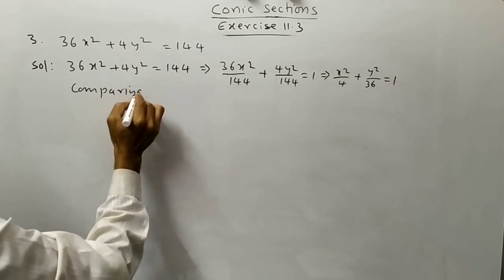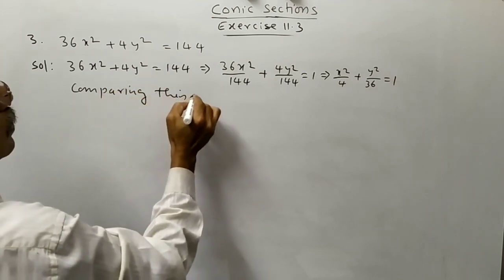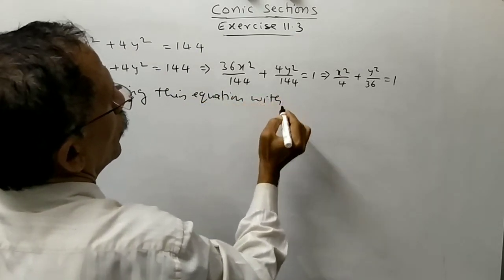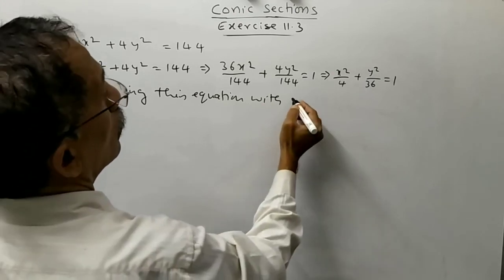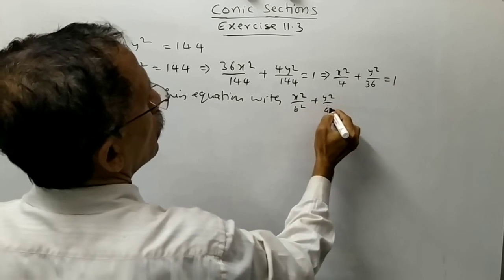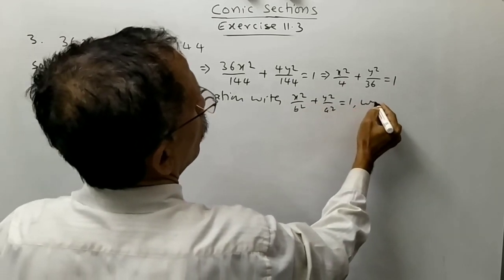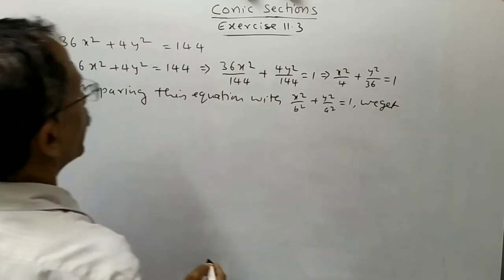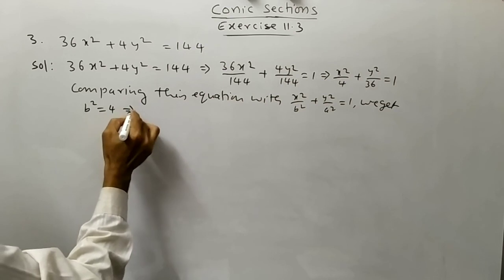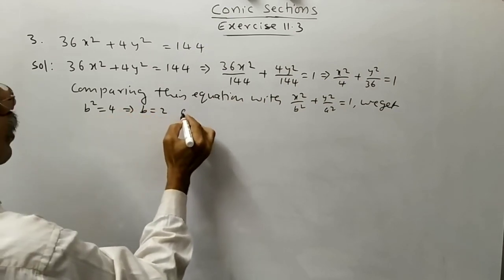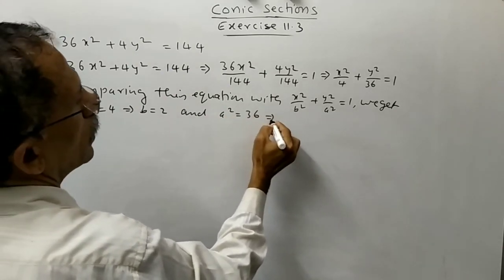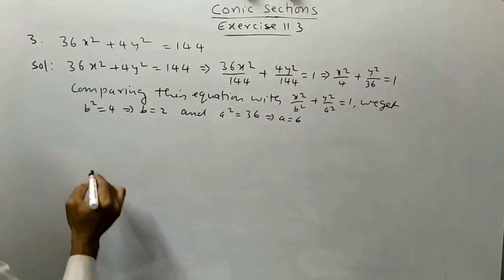Comparing this equation with x square by b square plus y square by a square is equal to 1, we get b square is equal to 4, this implies b is equal to 2, and a square is equal to 36, this implies a is equal to 6.